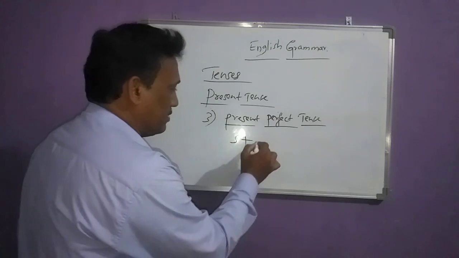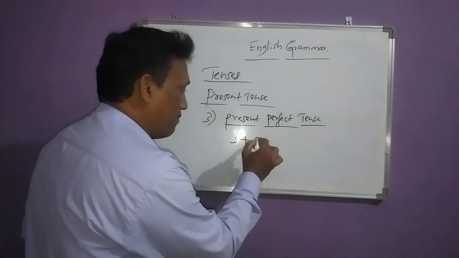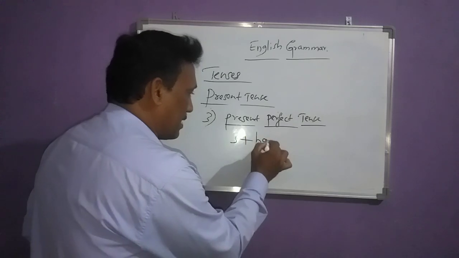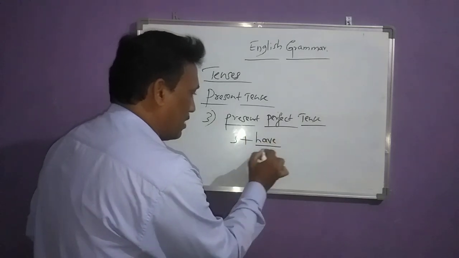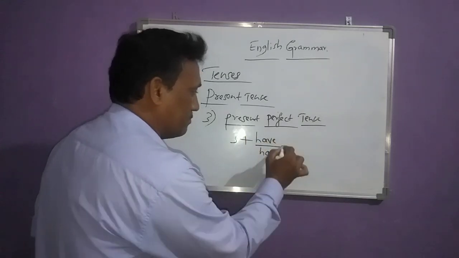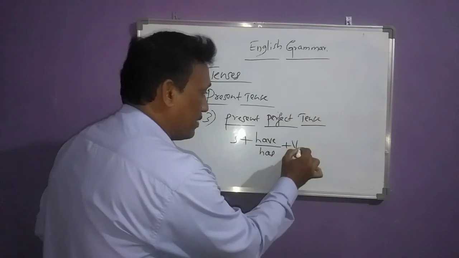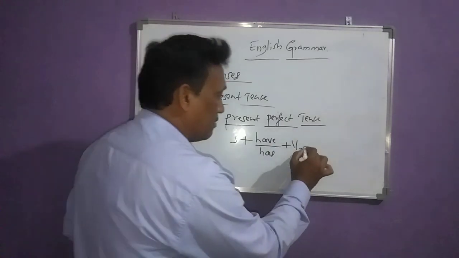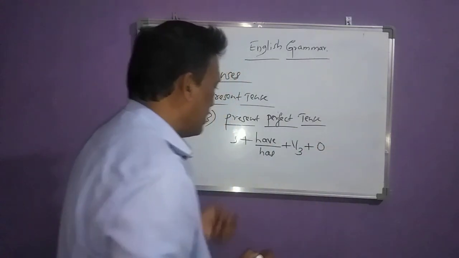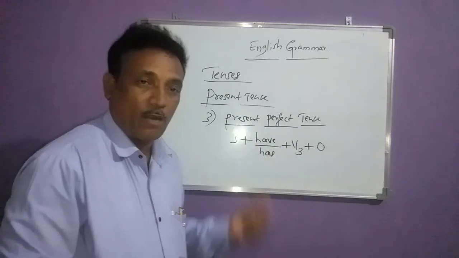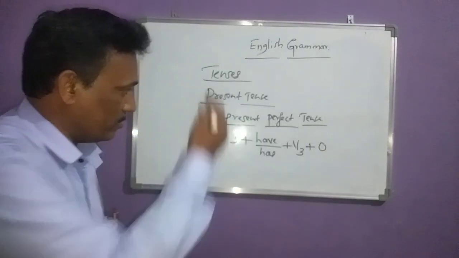Subject plus, and the very important thing here, have or has, plus V3, it is very important, plus object. I think subject and object are common in all the tenses.